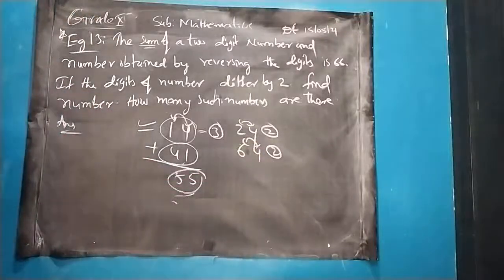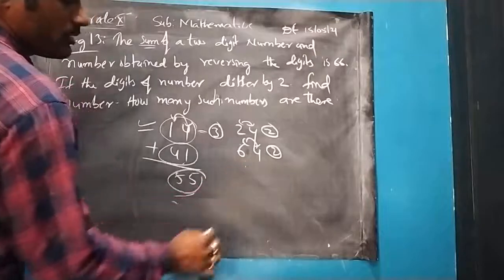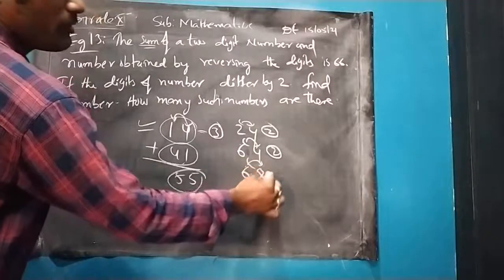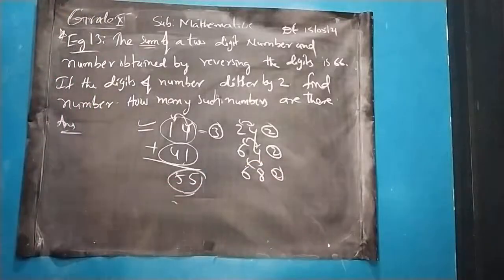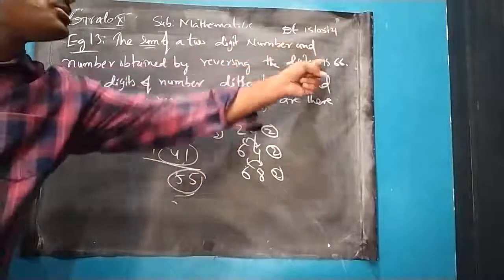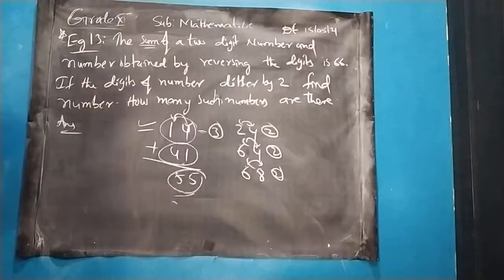So we have various types of numbers with a gap of 2. Okay, 68, yeah, here also a gap of 2. So we have various numbers, but we have to get the exact number which satisfies these two conditions. Find the number and how many numbers are going to be there. Okay, let us see.